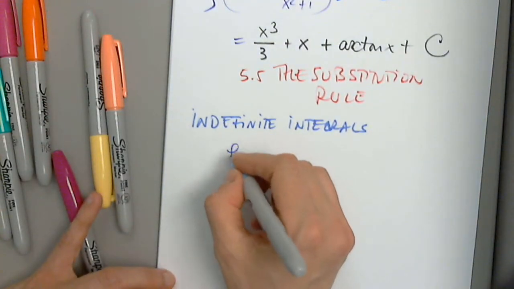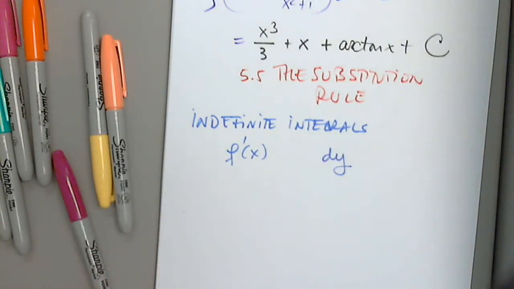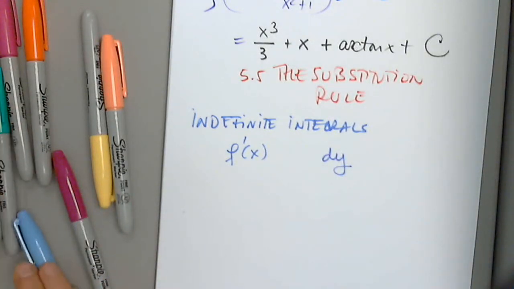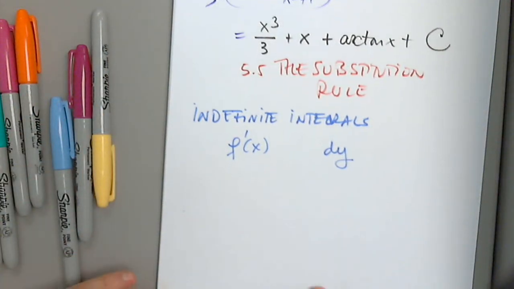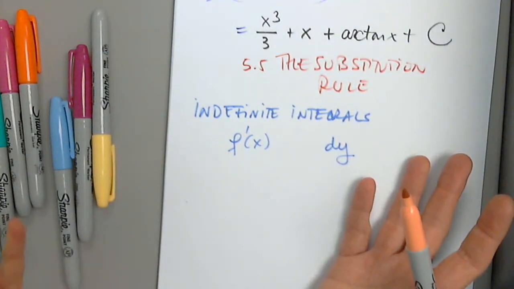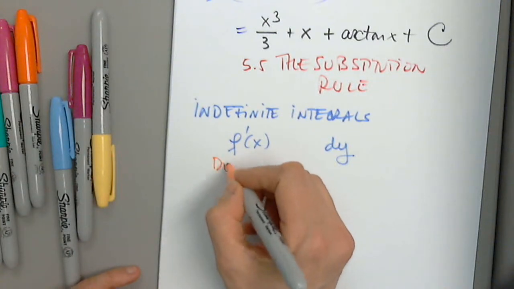What is the difference between f prime and dy? There's a really small difference between them. So f prime represents the derivative, right? Agreed? Okay, so this is the derivative.